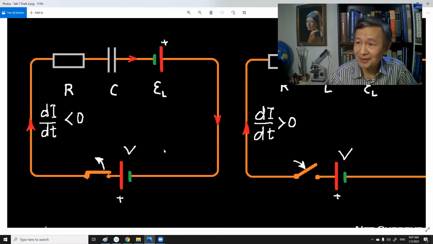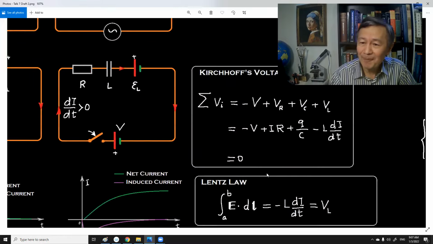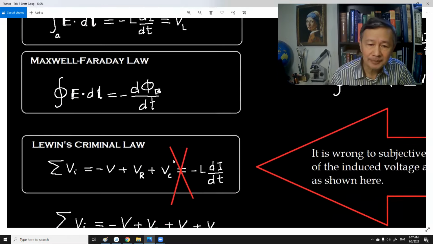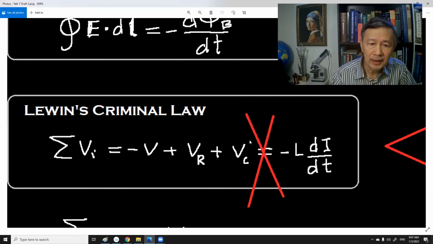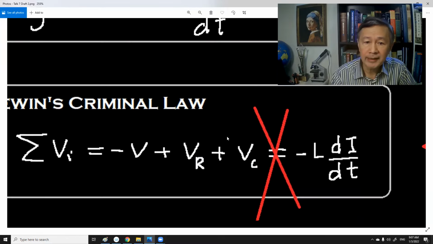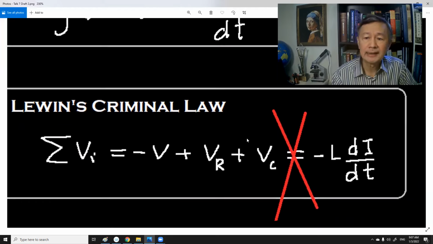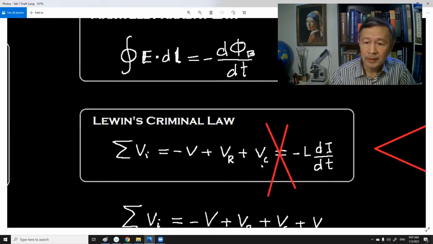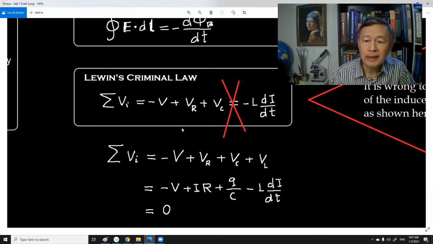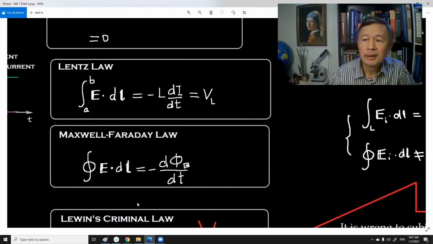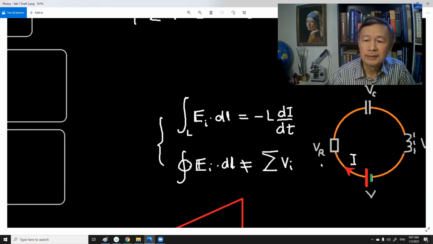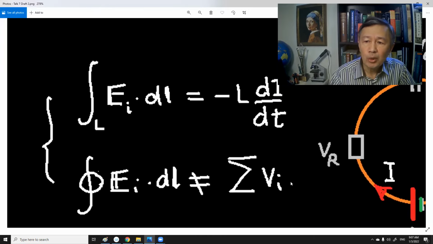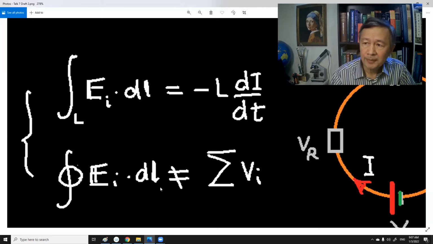So the mistake is that he seriously believes, in what I call his criminal law, that the sum of voltage can be written as this. So this is the origin of his mistake.